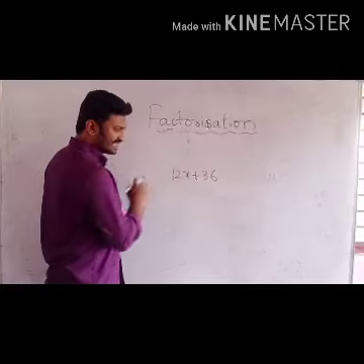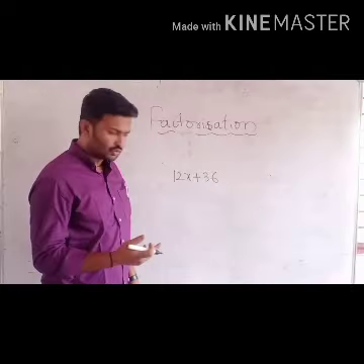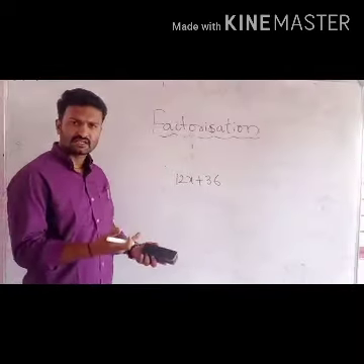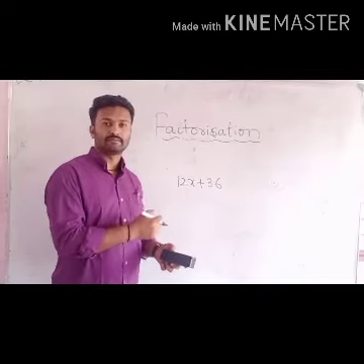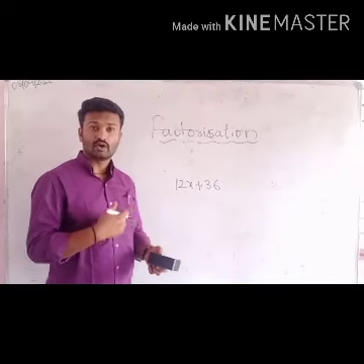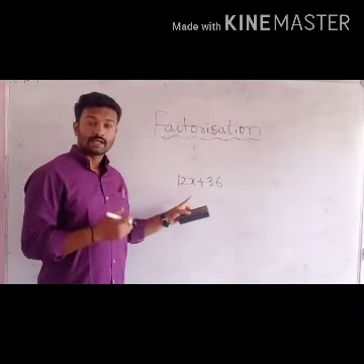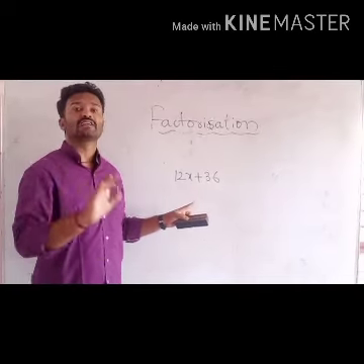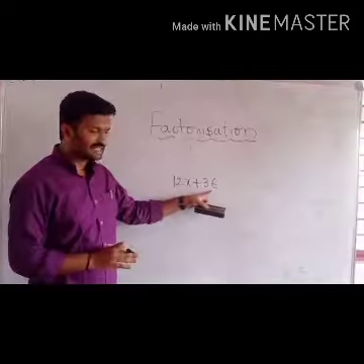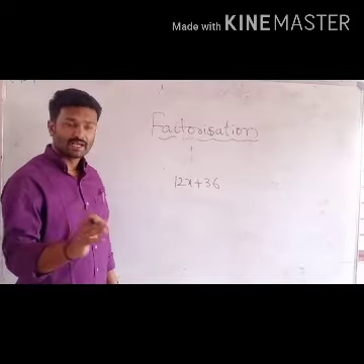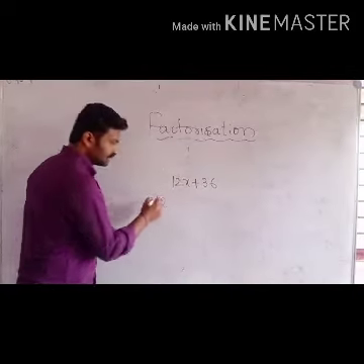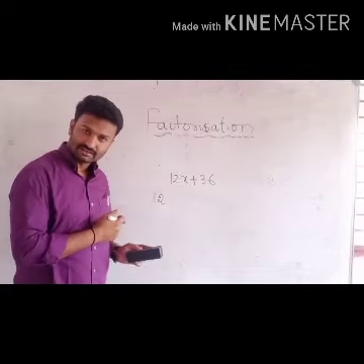Here 12x plus 36. First I will concentrate on the numerical. We have to check whether there is any common factor in the numerical. 12 and 36 are divisible by 12, so we take 12 common outside.